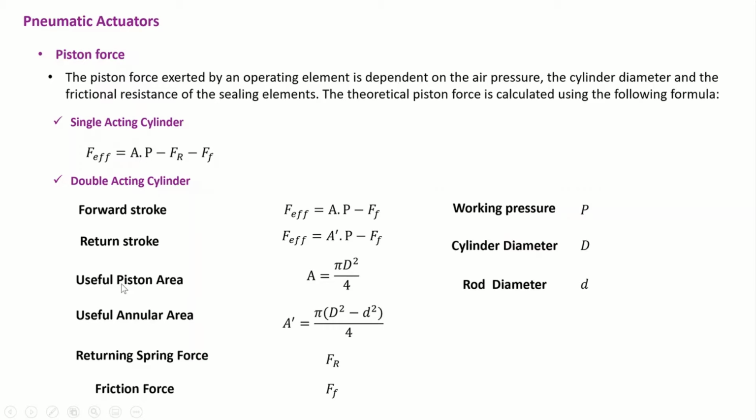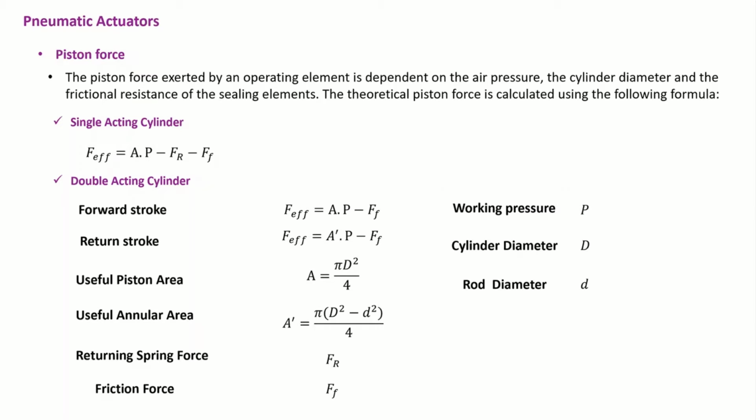You can see here, it is basically the useful piston area. When we are talking about the forward stroke, we are dealing with the total area of the head of the piston, which is equivalent to pi d squared over 4.